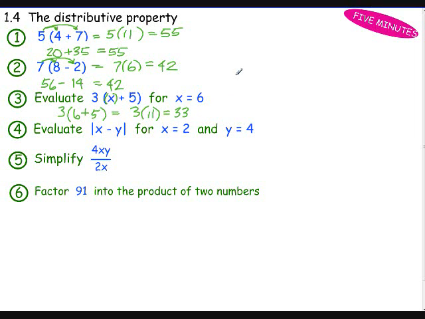And if I had used the distributive property instead, what would have happened? I would have had 18 plus 15, which is 33.